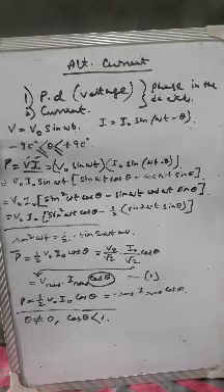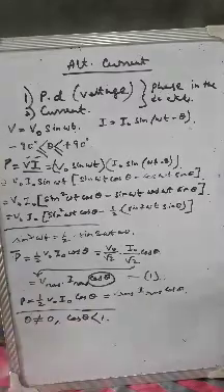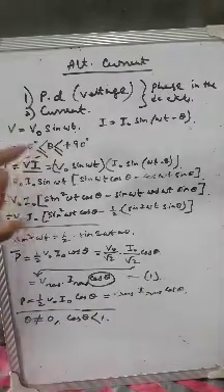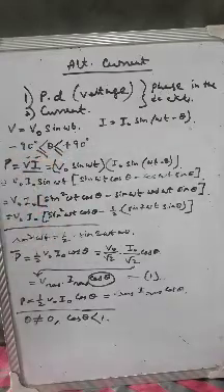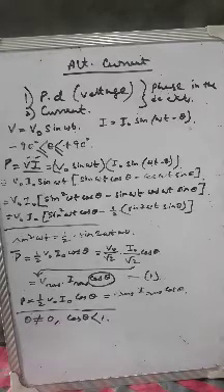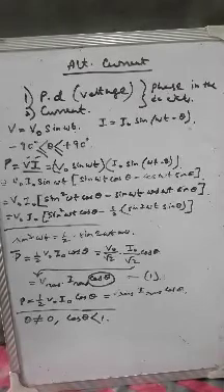We are talking about this part: when theta's value lies between negative 90 and positive 90, the power factor cos theta is never negative, so the power consumed in the circuit can never be negative.